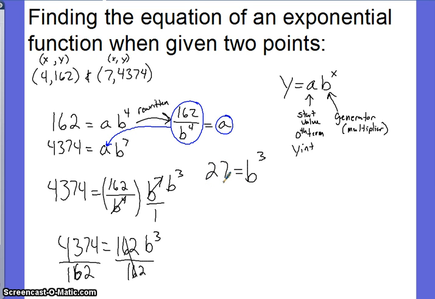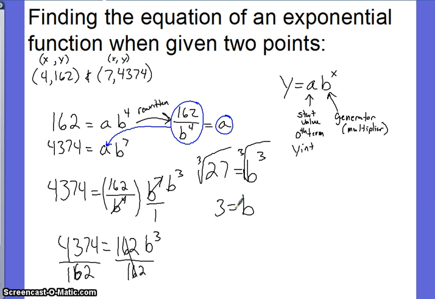And so now that I know b cubed is 27, there are 2 different routes: what cubed is 27? Or I could take the cube root of both sides, and in doing that I find that b is 3.